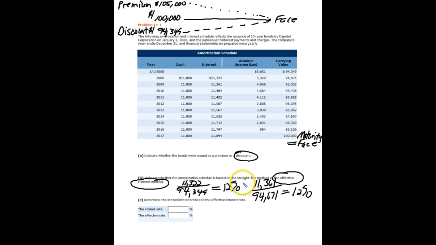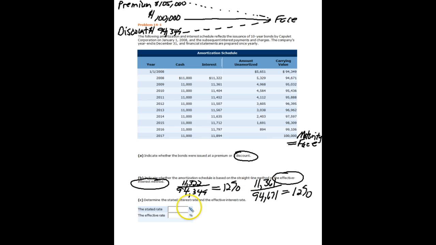It made sense back when these amortization tables were manually prepared, but it doesn't make sense now because you can so easily plug your formula into Excel and just copy it down and you're done. So the effective interest method is theoretically the correct method to use, and the straight line method no longer saves time like it used to when everything was done manually.